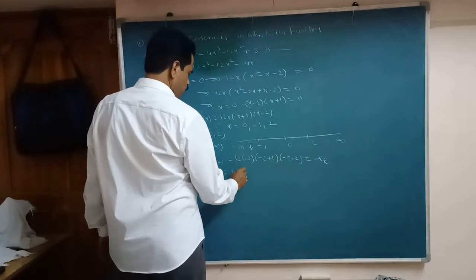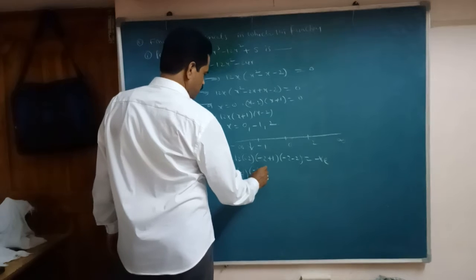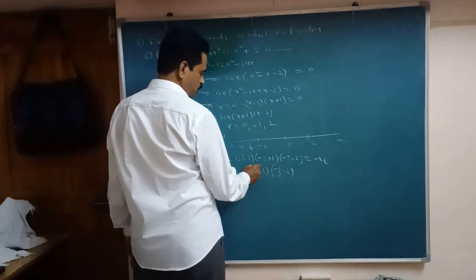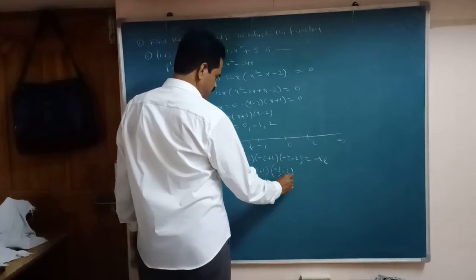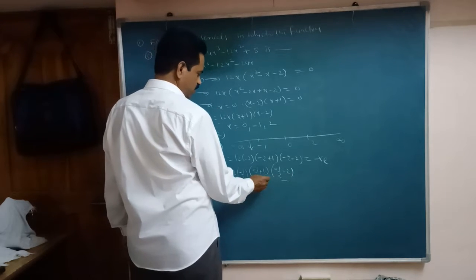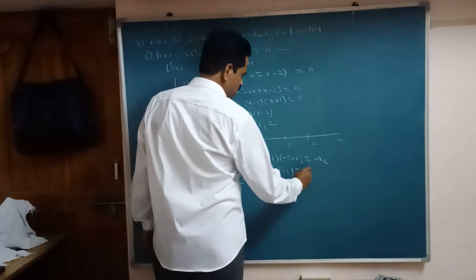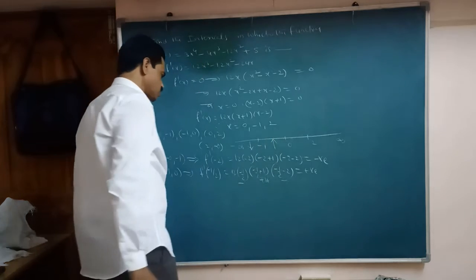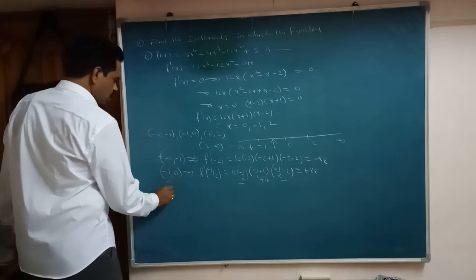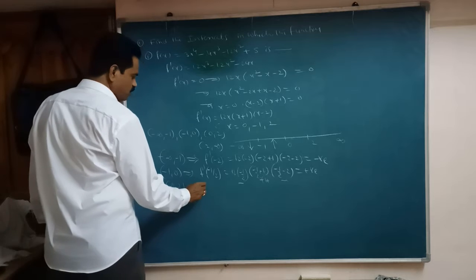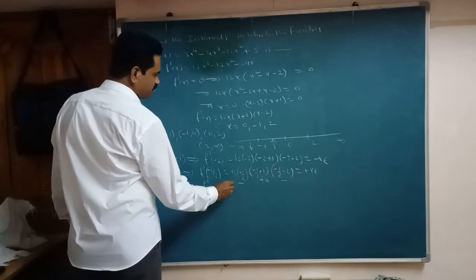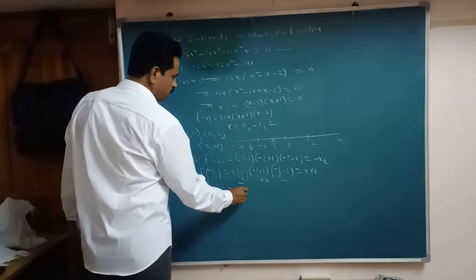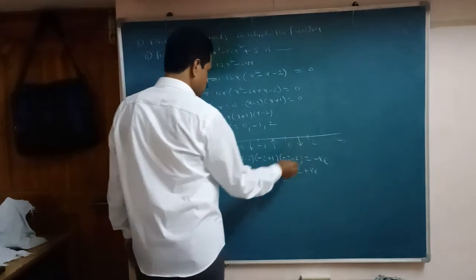That is 12 into (−1/2)(−1/2 + 1)(−1/2 − 2). The signs are negative, positive and negative; minus into minus gives plus, so it is positive. Positive means it is increasing from −1 to 0. Next, take 0 to 2. In between, take f'(1): 1 plus 1 is 2, 1 minus 2 is negative. So it is negative, so it is decreasing from 0 to 2.